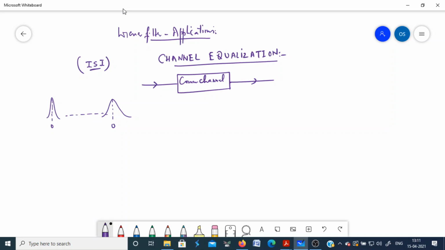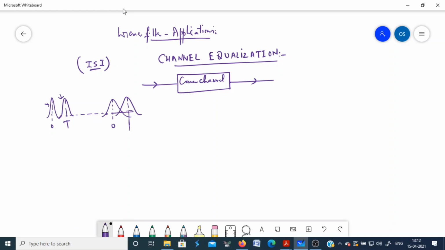Then we transmit the next pulse after some time t. Even if there is no overlap between the first and the second pulse at the transmitter, these pulses will get overlapped at the receiver.